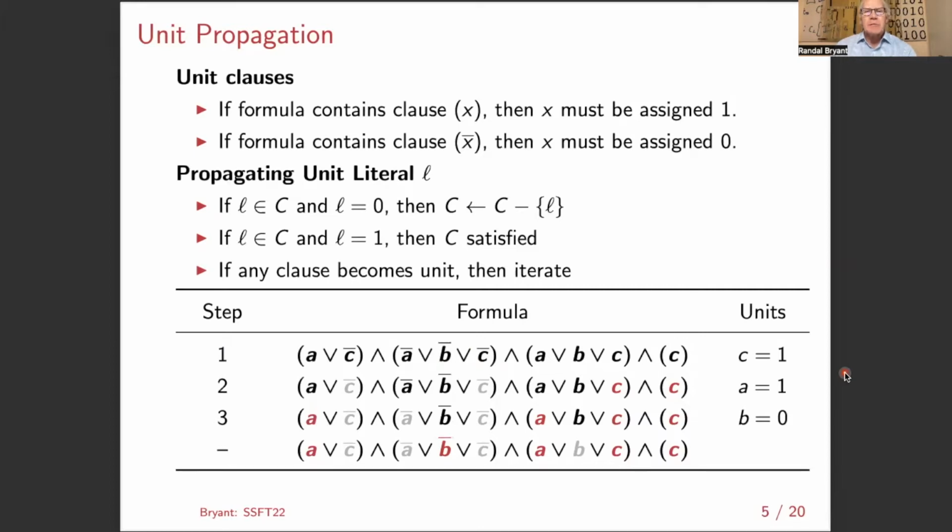So a core trick that all SAT solvers use is known as unit propagation. And it's taking advantage of the fact that if a clause contains just a single literal, then we must set that literal to something true. So in particular, if the clause has a single variable x, then x must be assigned value 1.